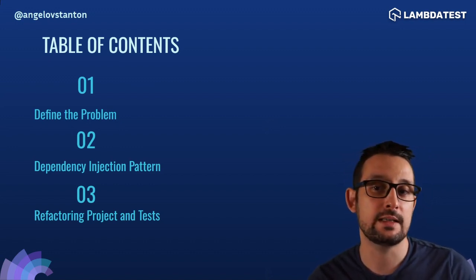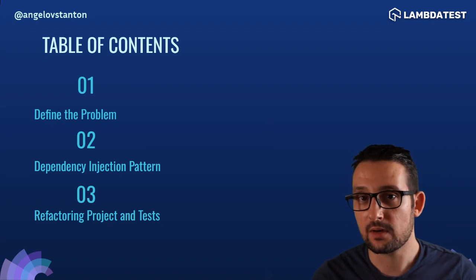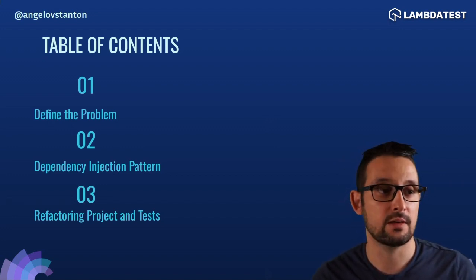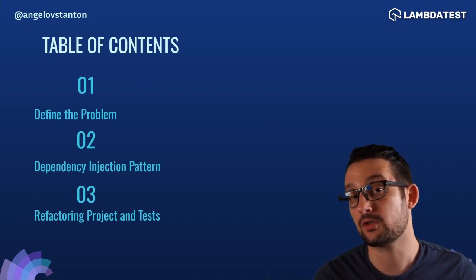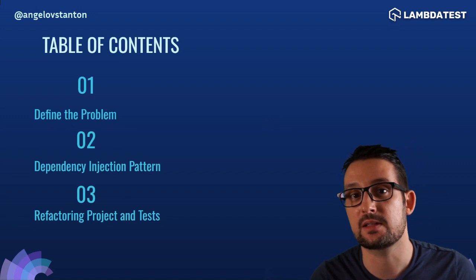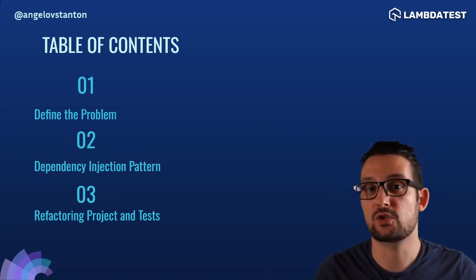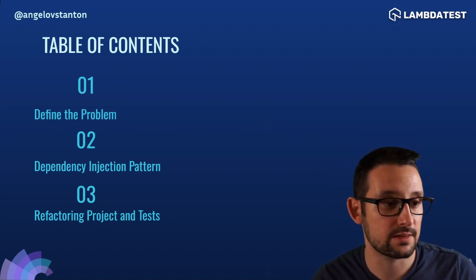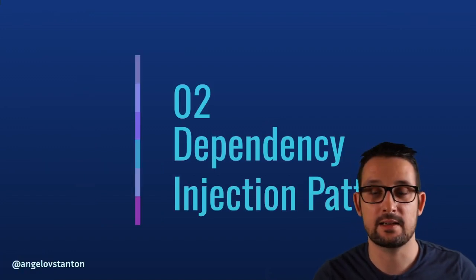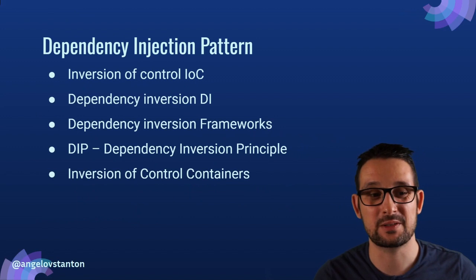And we're going to see how we can achieve a plugin architecture similar to the one that we achieved with the decorator pattern, but in some instances it might be even simpler. So it's just another way, and you can pick some of them. So let's get started. First, let's cover the dependency injection pattern.